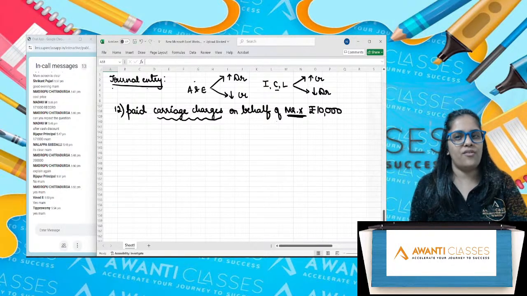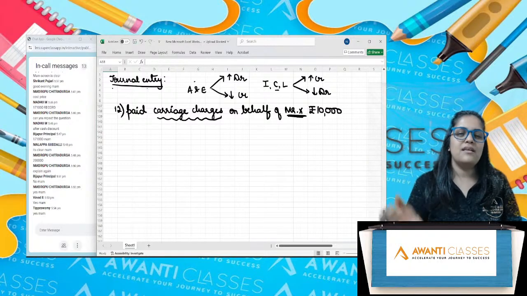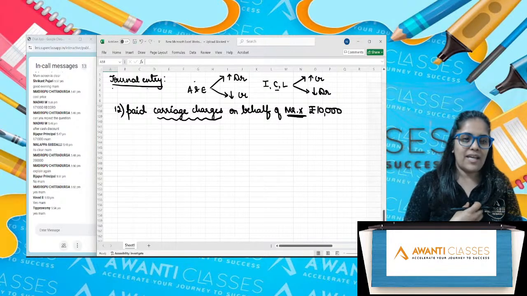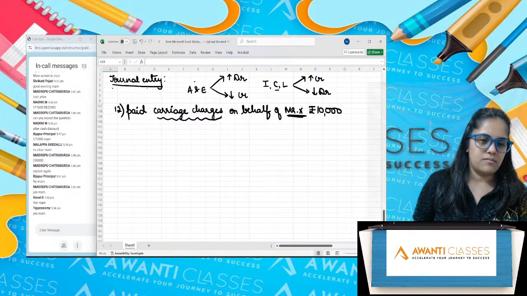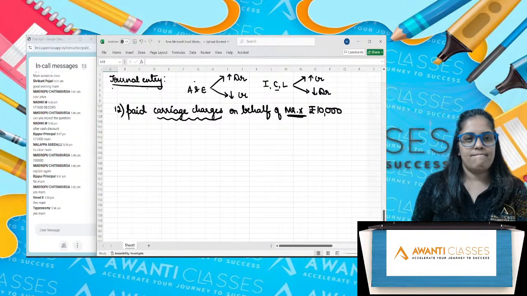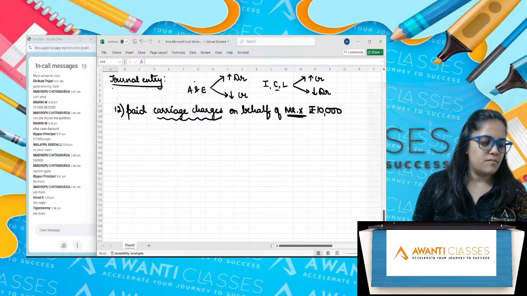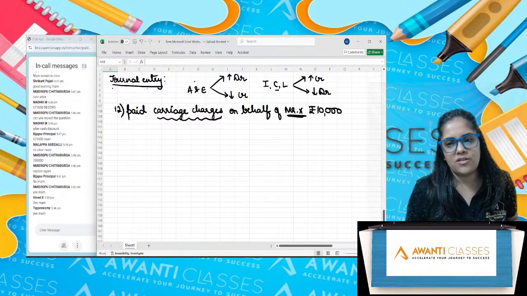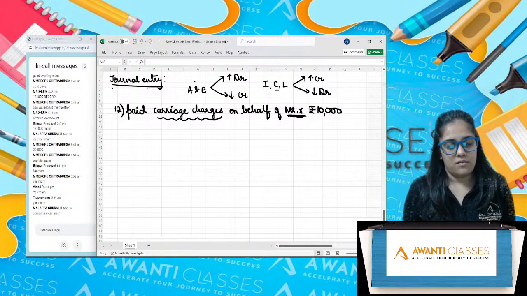Paid carriage charges on behalf of Mr. X. So my question is, is this transportation charges our expense or no?